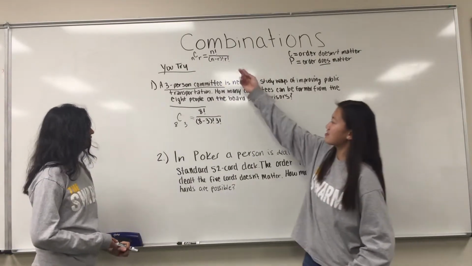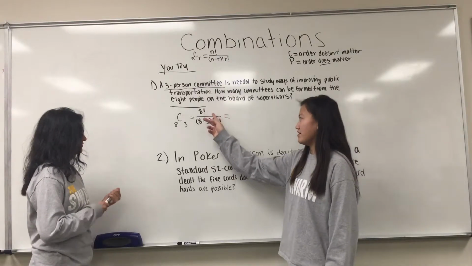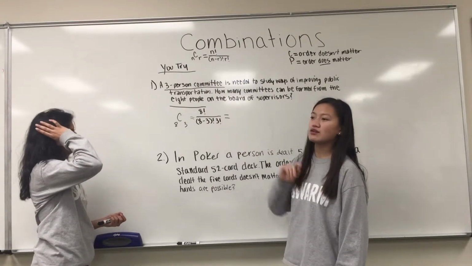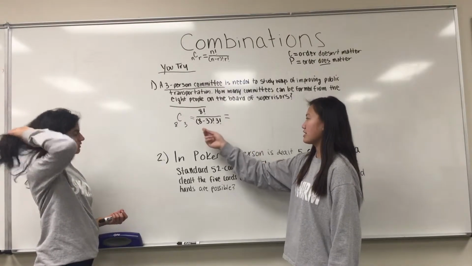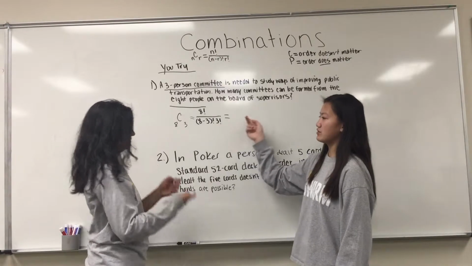Putting the numbers into the equation, from the factorials we have 8 factorial at the top, and then 8 minus 3 factorial times 3 factorial. Simplifying, 8 minus 3 is 5 factorial on the bottom, times 3 factorial.